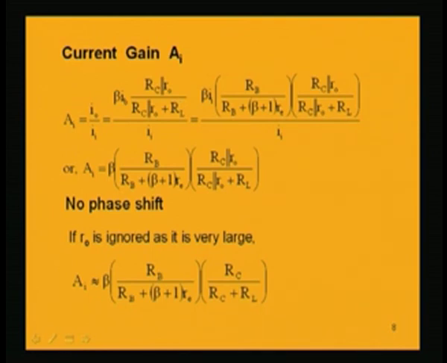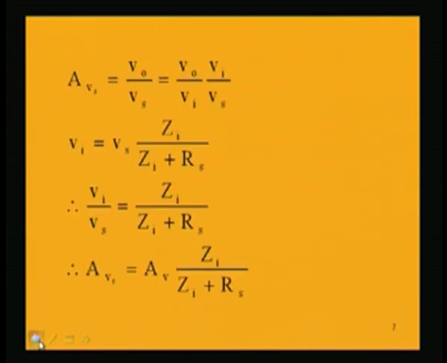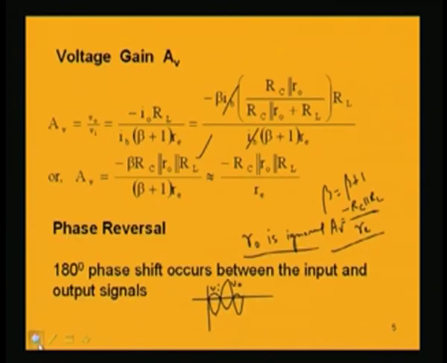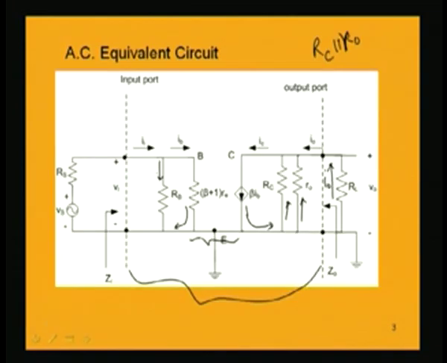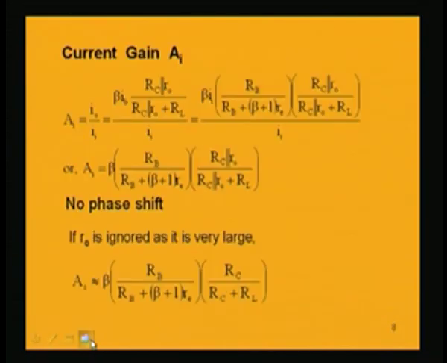Again, IB can be further written, if I consider IB from the equivalent circuit, as II into RB by RB plus beta plus 1 into RE, which we have done earlier. That is the value of IB, and the rest of the part is as it is, divided by II.